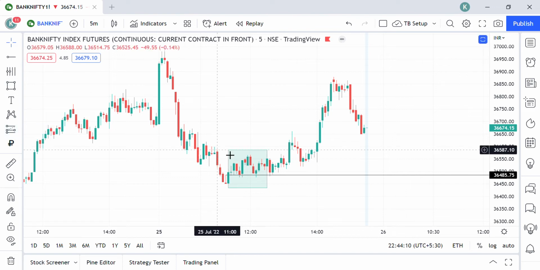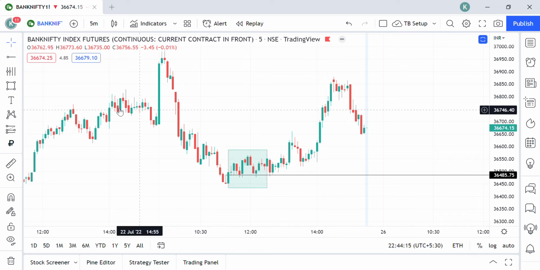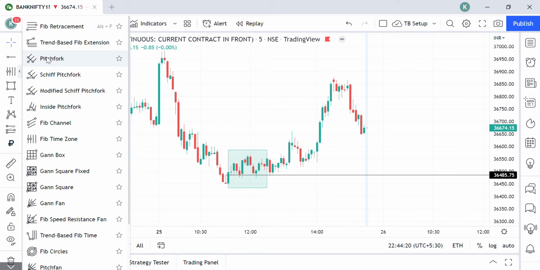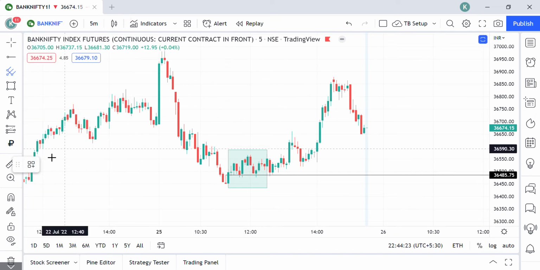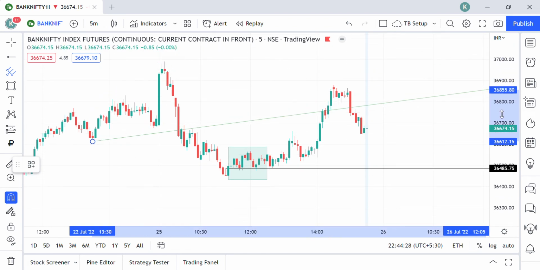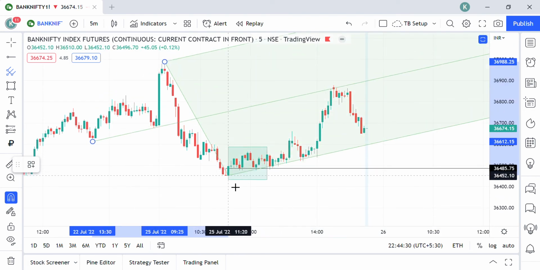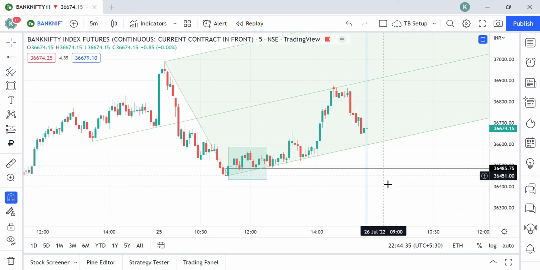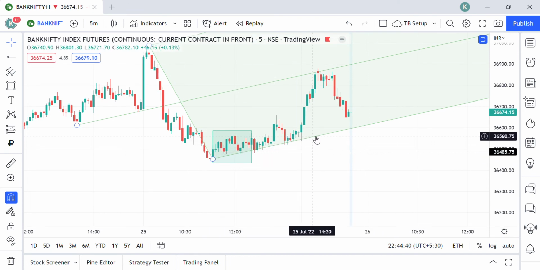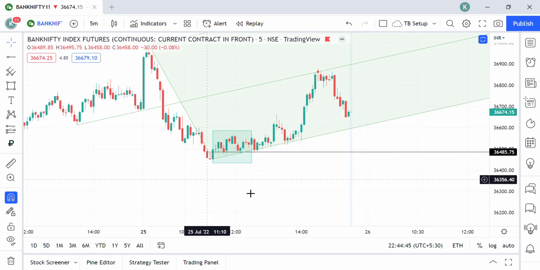To support this further with line work, let us draw a pitchfork between these vectors, and you can see that this vector is beautifully respecting all the wicks that are formed in this time zone.